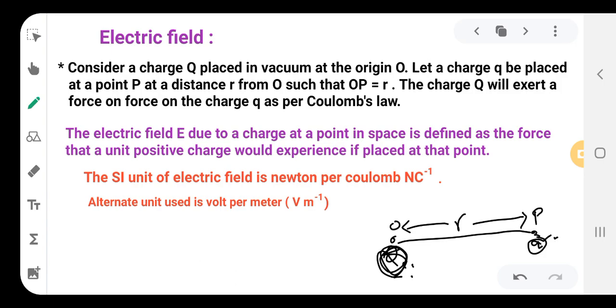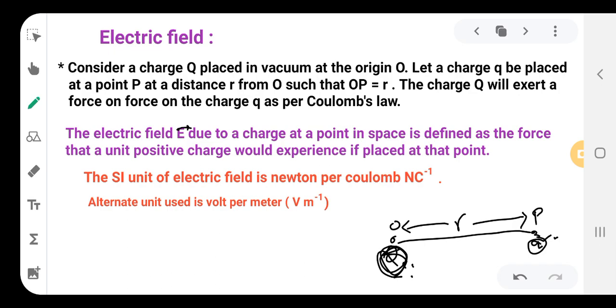As per Coulomb's law, the electric field E vector due to a charge at a point in space is defined as the force that a unit positive charge would experience if placed at that point.